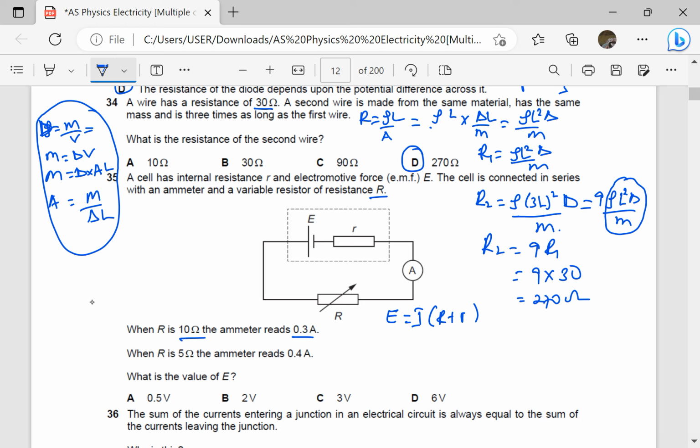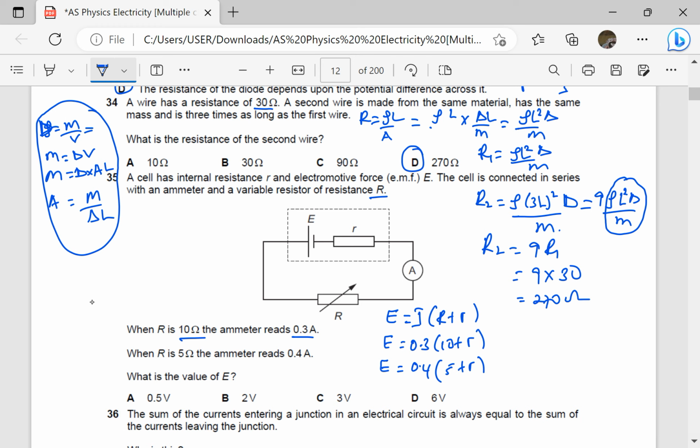So for the first case, EMF is equal to the current, 0.3, into capital R, which is 10, plus small r, which is not known. Then for the second case, the EMF is going to be equal to the current, 0.4, into capital R, which is 5, small r remains r, it is constant. Then we now solve these two equations.